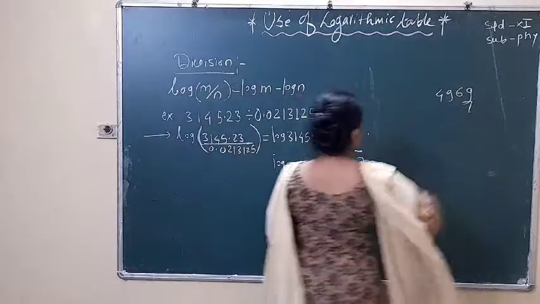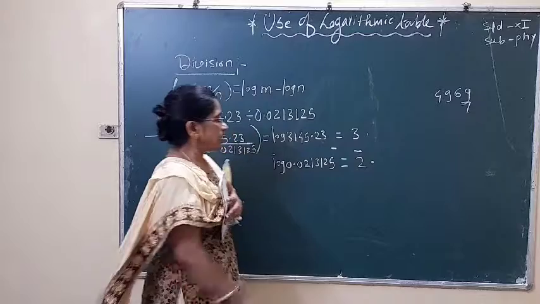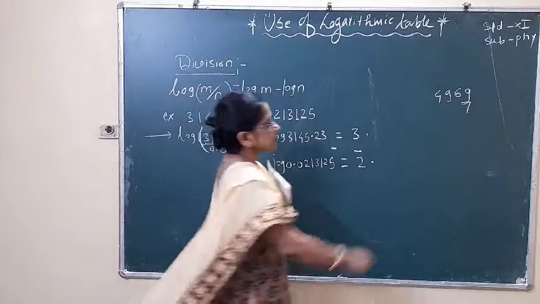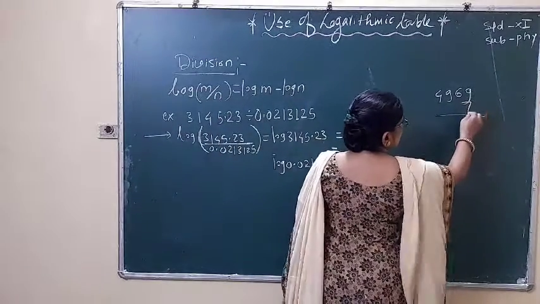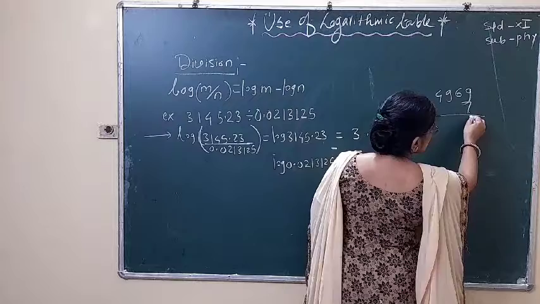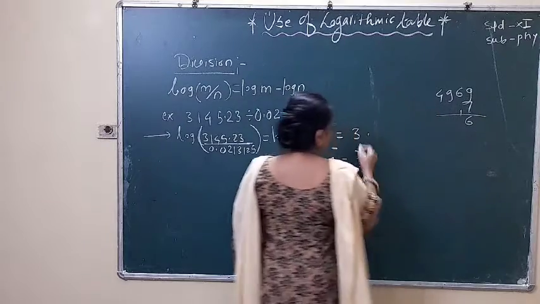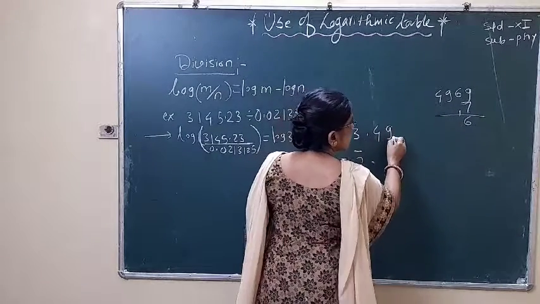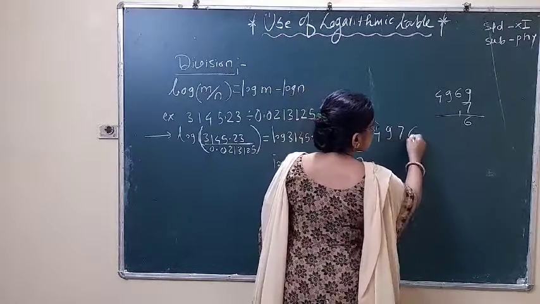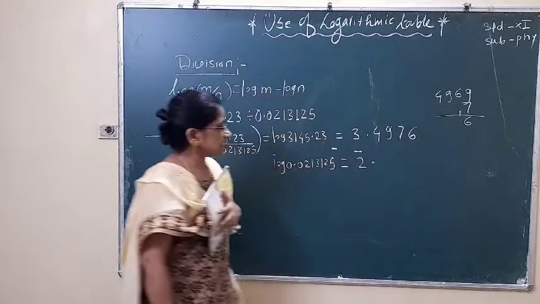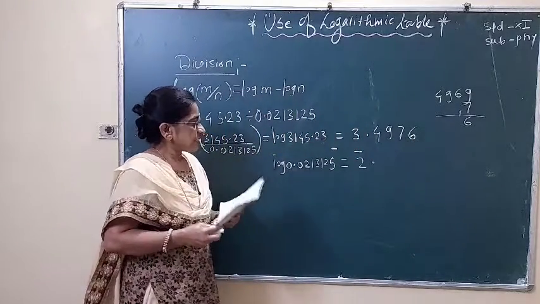By adding, we get the mantissa of this number: 4976.